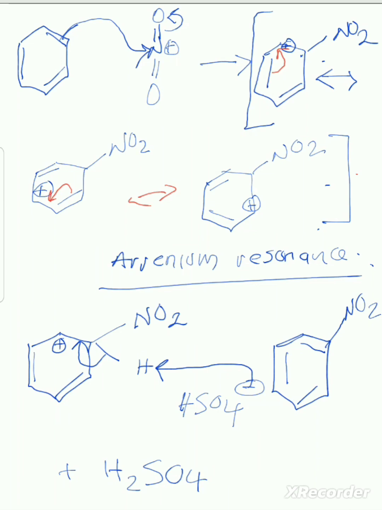Then a pi bond of the benzene ring will attack this electrophile to form an arenium ion. Then we can also write the resonance forms, which are called arenium resonance. This positive charge will be here, the bond has broken and formed, and it attaches here like the way I've written it. Here it will be unstable with 3 bonds, that's why it has a positive charge. Then we're going to say this can be stabilized by breaking this bond, forming a bond there, and there will be a charge here where it has left to form a bond there.